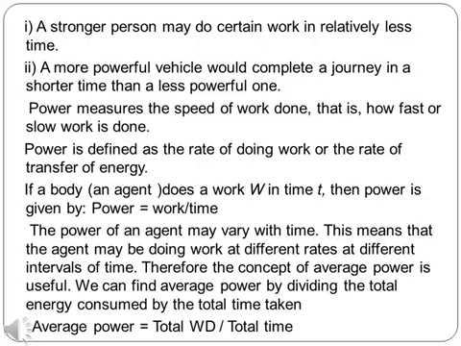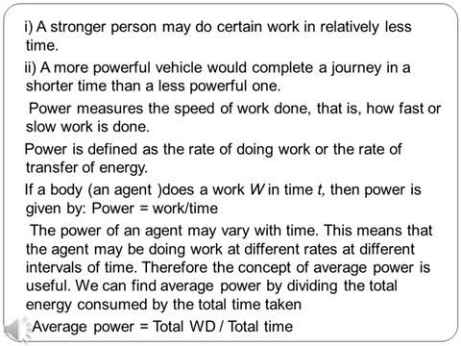Now, I point out two different situations. The first one is that a stronger person may do certain work in relatively less time. And the second one is that a more powerful vehicle would complete a journey in a shorter time than a less powerful one.